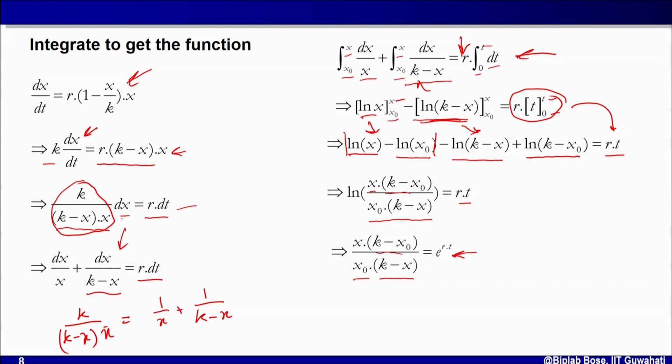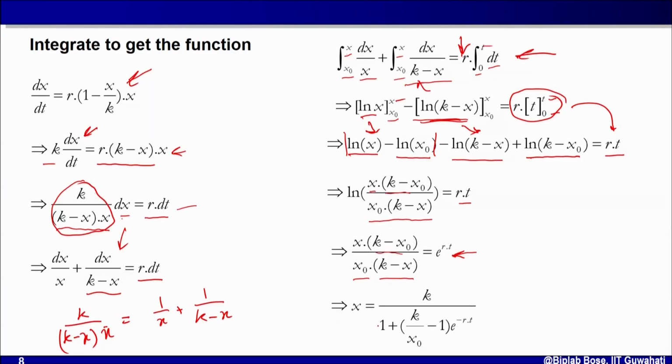Remember, I want x as a function of time. So I will keep x on one side of the equal to sign and keep everything else on the other side. So that's what I have done here. Rearranging the terms, I get x equal to K, the carrying capacity, divided by 1 plus (K by x naught minus 1) into e to the power minus RT.